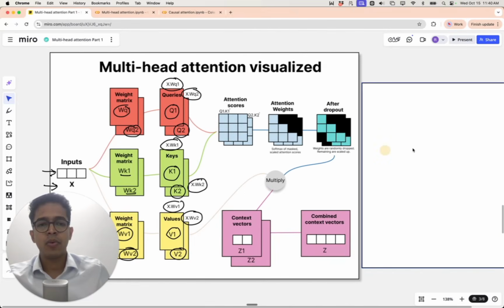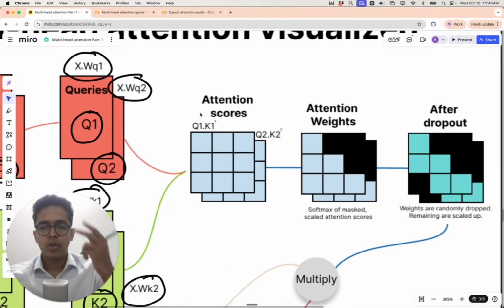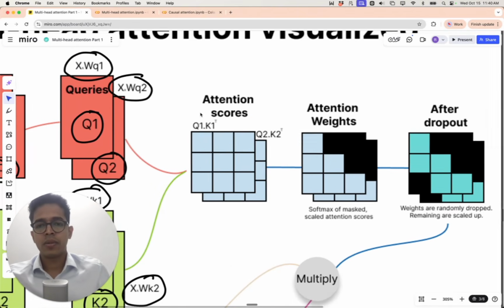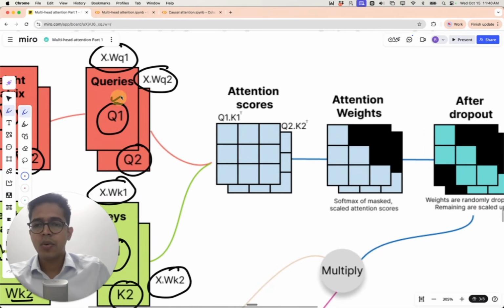Now I'm going to remove this white rectangle. So now we will have 2 matrices with attention scores, one corresponding to this query matrix, another corresponding to this query matrix. So this is Q1 taken dot product with K1, so Q1 dot K1 transpose.